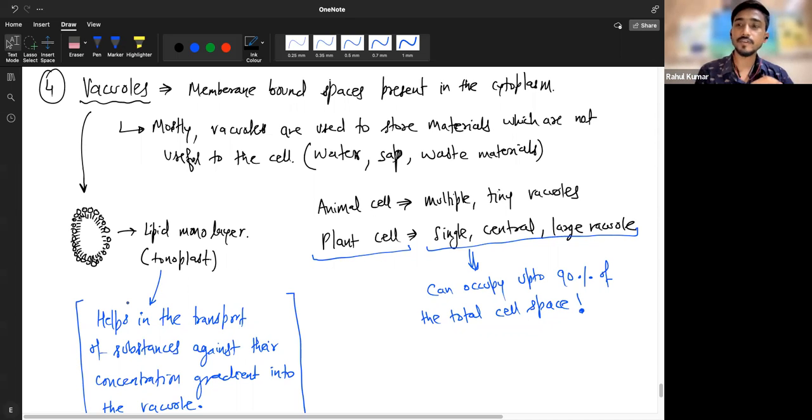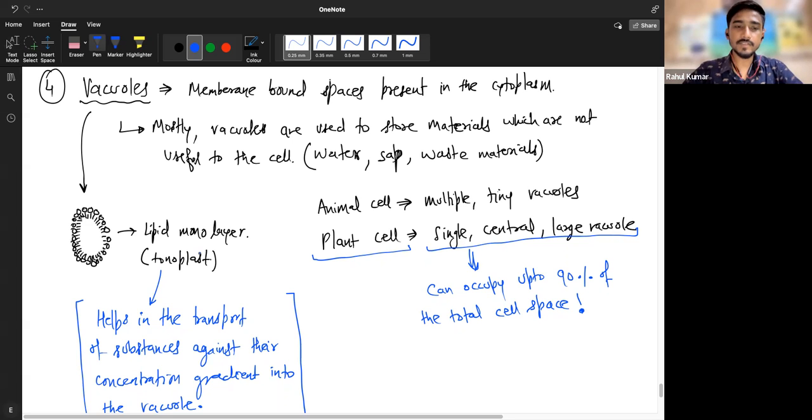And even then, we do not want movement to and fro. We just put things in the vacuole and never take them out. Either we remove the whole vacuole, as we do not need it anymore, or we digest the vacuole. It very rarely happens that what goes inside the vacuole is required again in the cytoplasm.